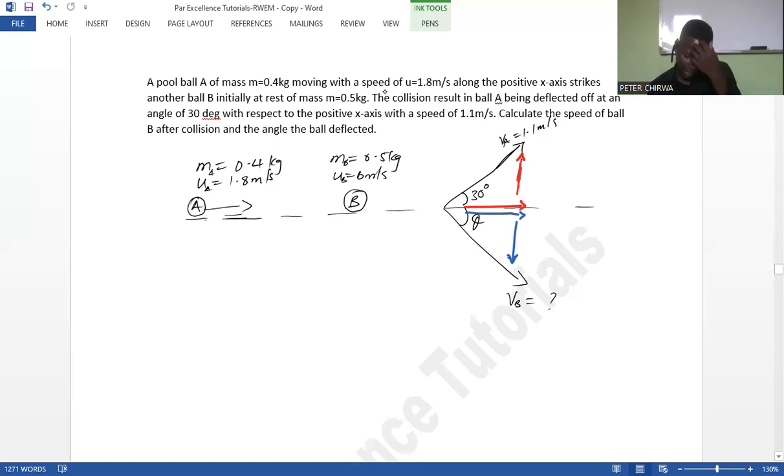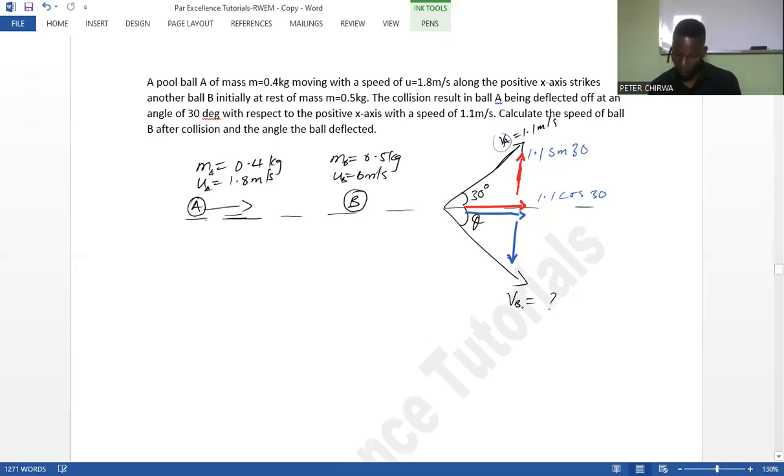So now, let's see. What we have is they have both the x and y components. So let's start with ball A. Ball A has got this velocity. Resolving it for the x component, we are basically going to have 1.1 cos 30, and the y component is basically going to be 1.1 sine 30, or VA sine 30.